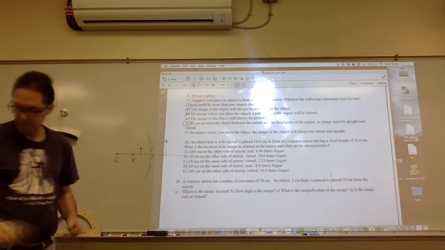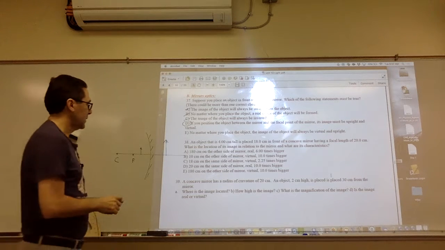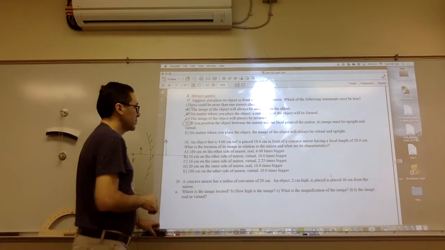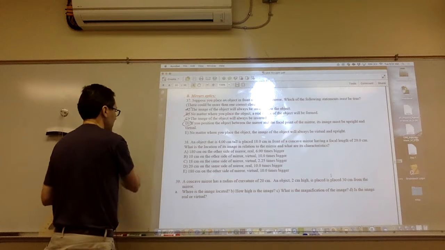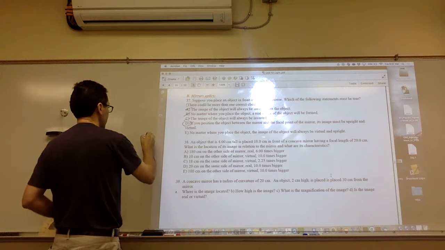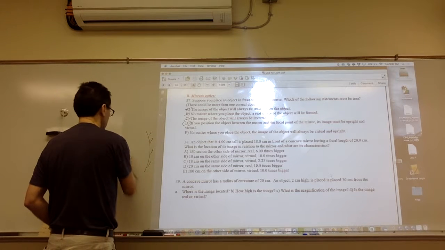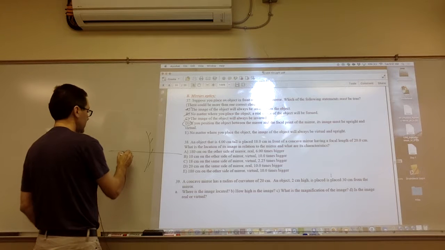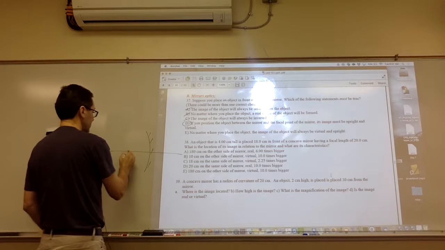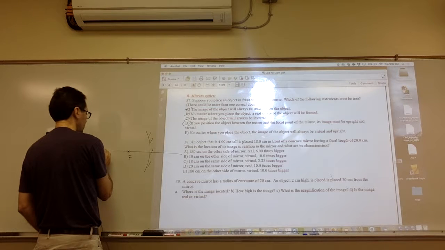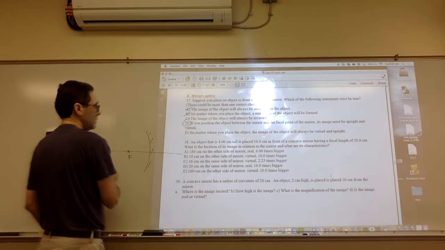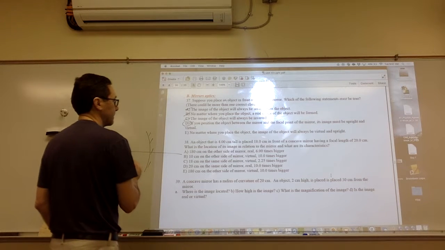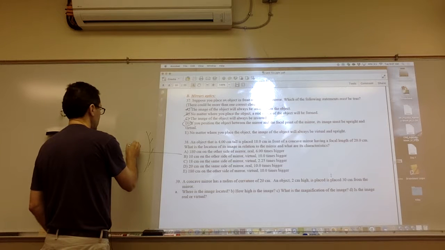38. I think we're on 38. An object that is 4 centimeters tall is placed 18 centimeters in front of a concave mirror. I should not have erased that. So it's like this, and the focal distance is 20. This is F, this is C. The object is here.